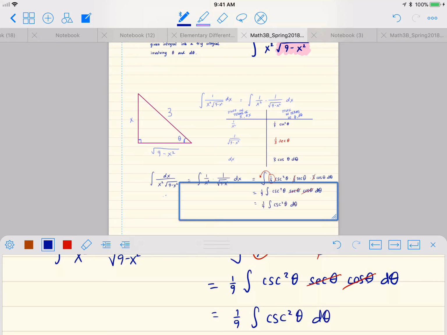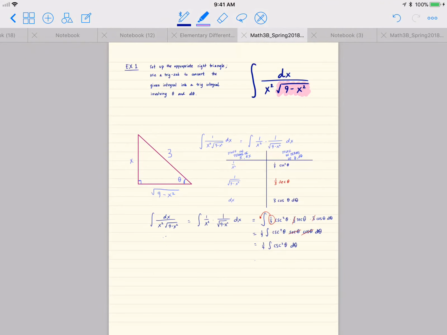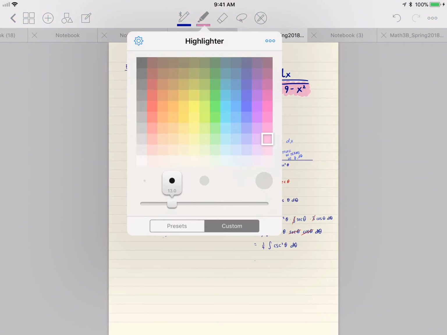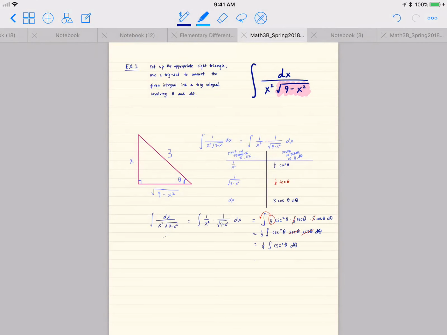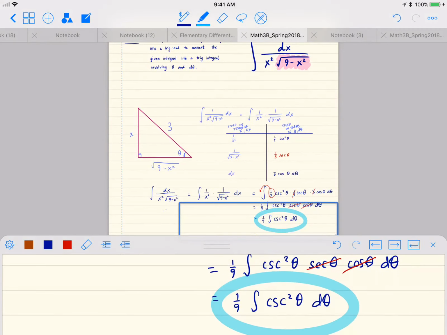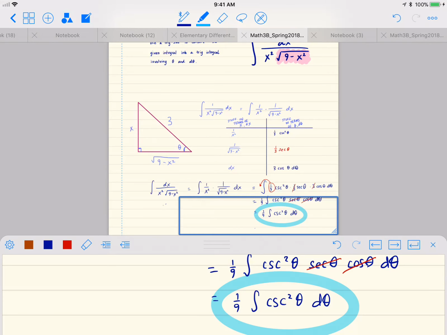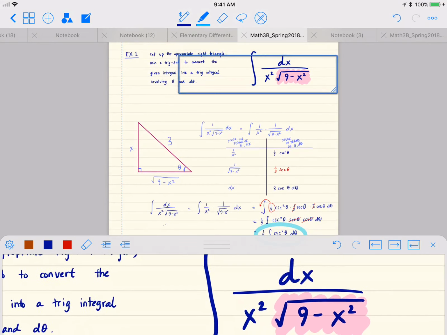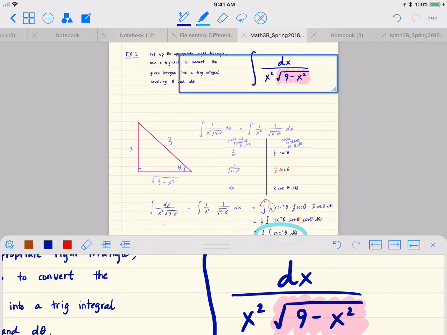What I would like to call your attention to is the fact that I'm done with step 1, because I have an integral in terms of theta and d theta, whereas I started out with an integral in terms of x and dx.